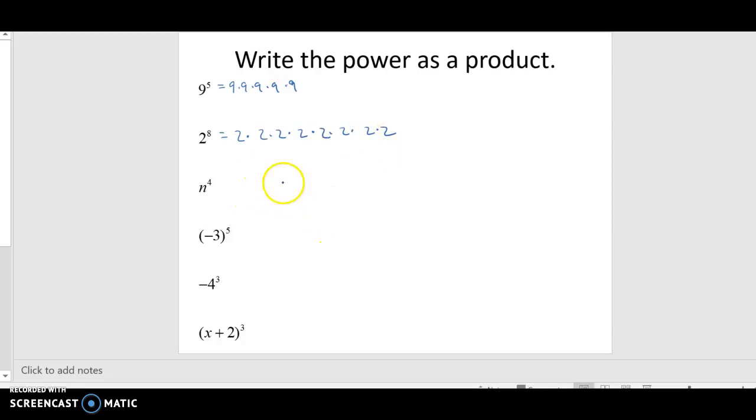Now, n to the 4th, that's multiplying itself 4 times. The thing I want you to realize here is notice the bases, and they're multiplying each other that many times.